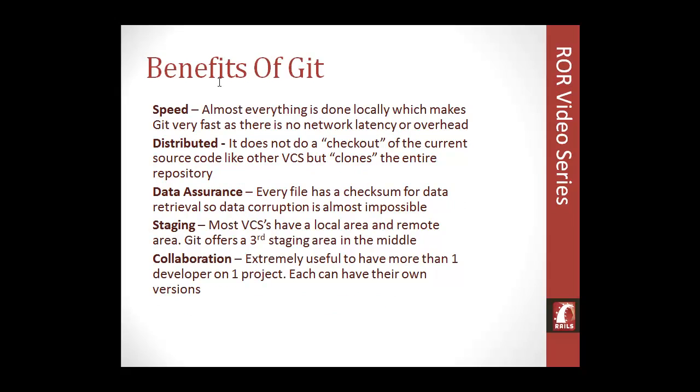So the benefits of Git, in addition to what I just said: speed. Like I said, it's all local, so there's no network latency or overhead. There's no uploading or downloading, except when you push and pull, which is just done in a single command. So it's very fast. Another benefit of Git is that it's distributed, which means that unlike a standard VCS, it doesn't do a checkout of the source code from the server.